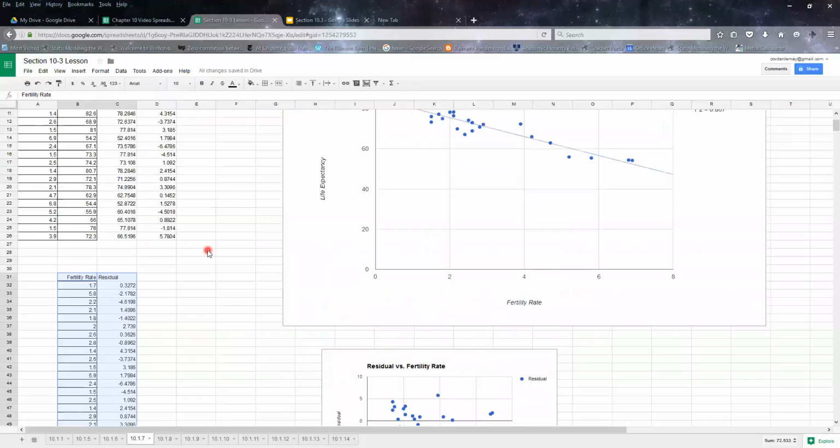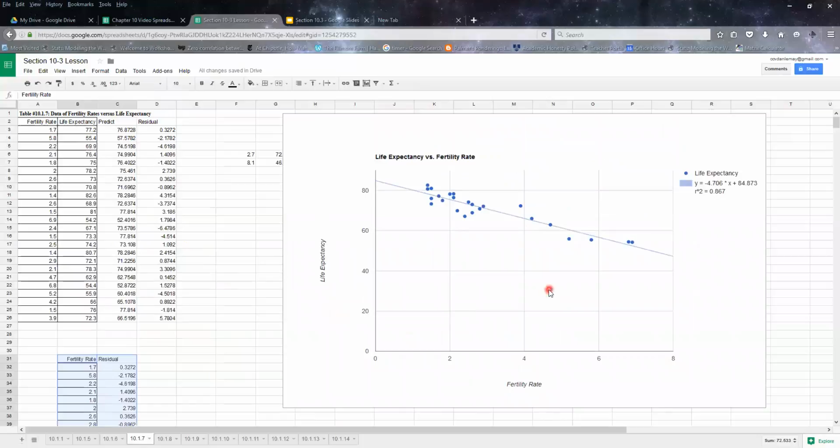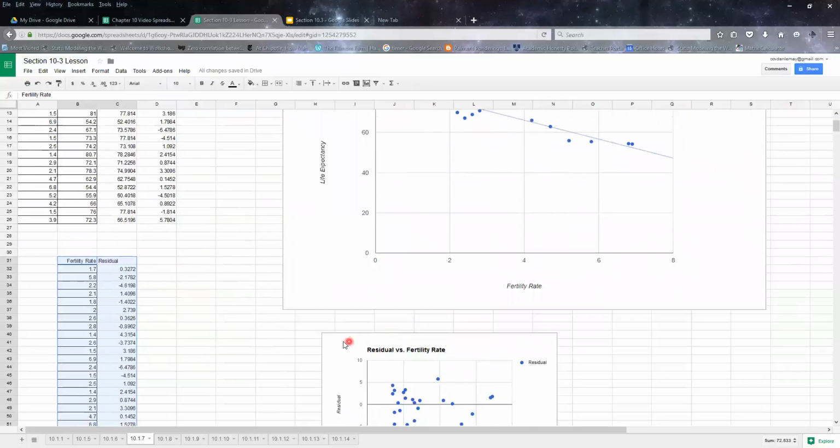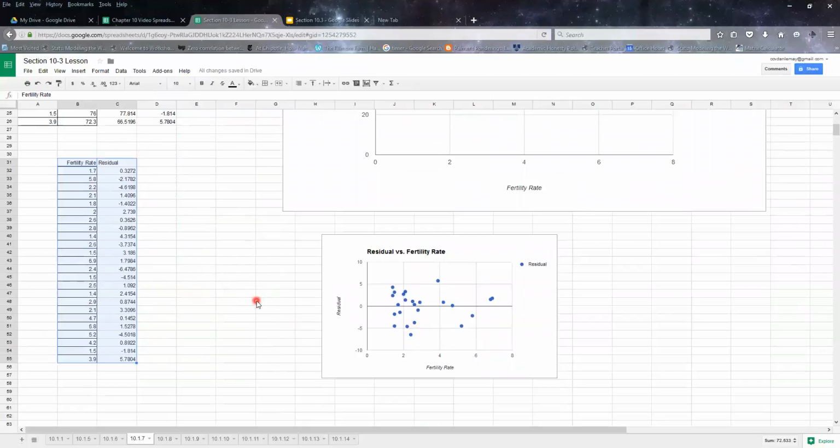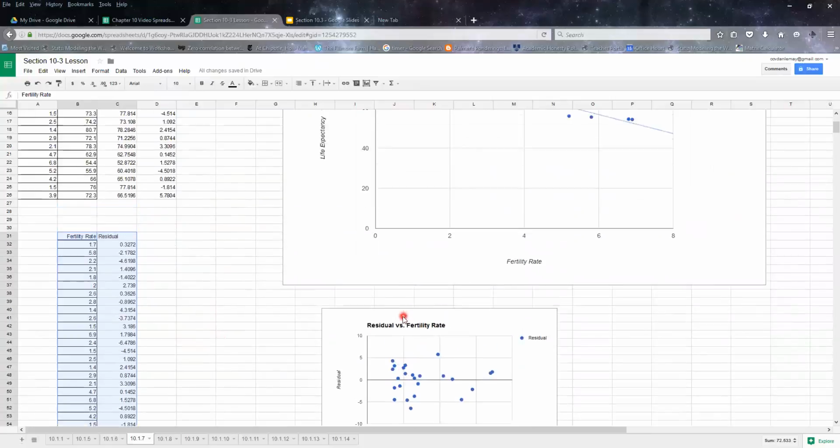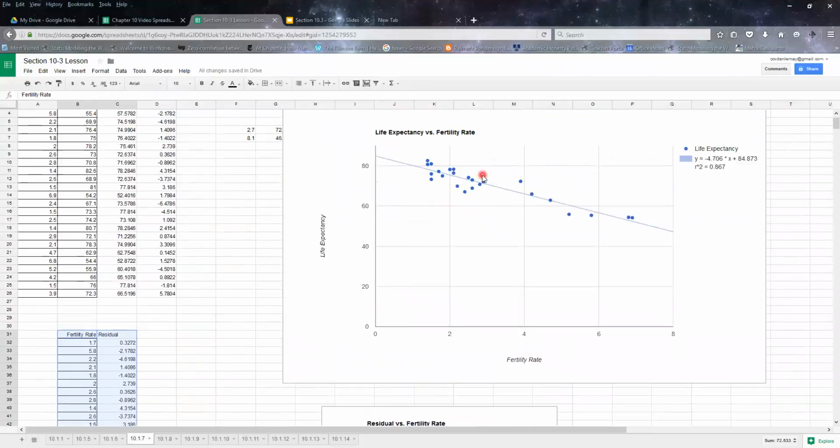Looking at R squared, that's a nice high value, explaining the change in life expectancy due to the fertility rate. Oh, we have to do the correlation, don't we? Or maybe that's next in the mix. I guess you should answer the question about residuals. I'm not seeing much of a pattern. I think a linear model is a good model to use for this data set.